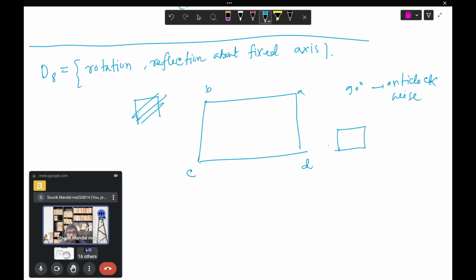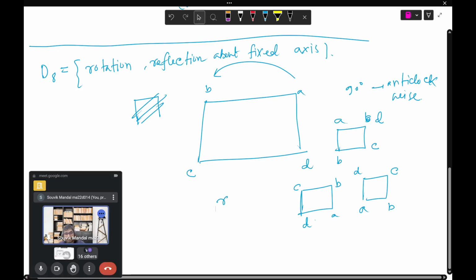These are the four possible situations: A, B. Rotation, here it goes here. And another rotation will be again 90 degrees anti-clockwise, and again 90 degrees anti-clockwise. These are the four rotations, and rotations are denoted by R.